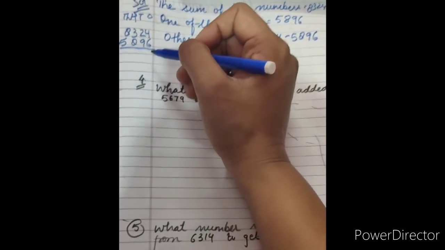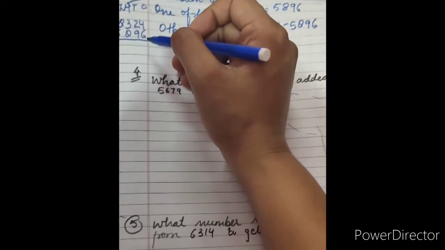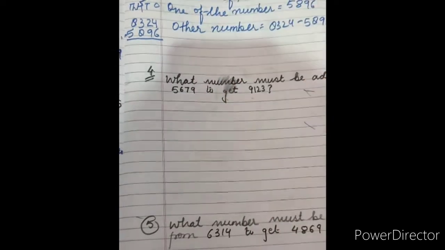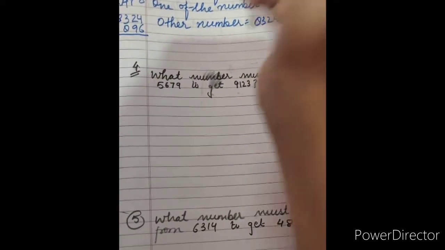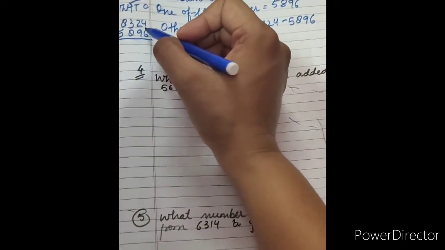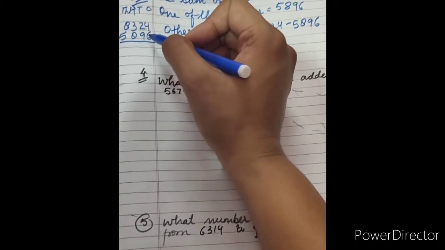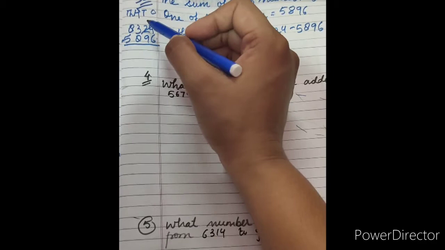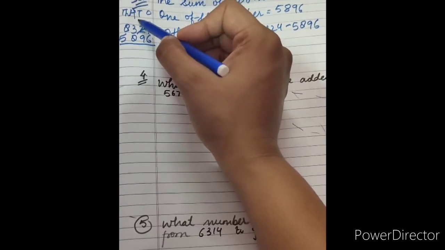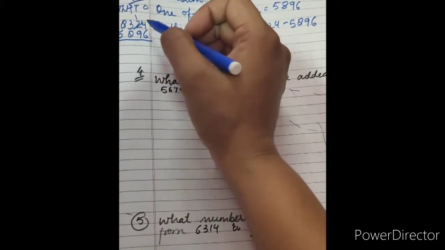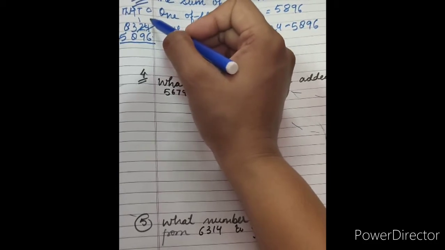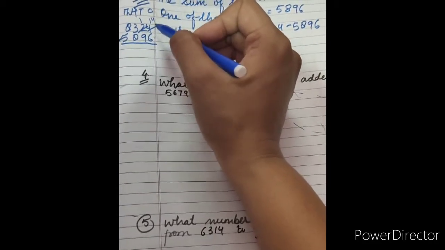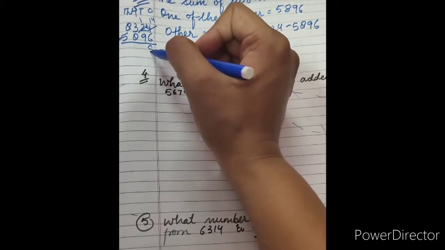Step 1 is subtracting ones. We want to subtract 6 from 4, but it is not possible because 4 is smaller than 6. So take one borrow from tens, and 1 ten is left, and in the ones position 1 ten plus 4 ones becomes 14 ones. So 14 minus 6 is 8.